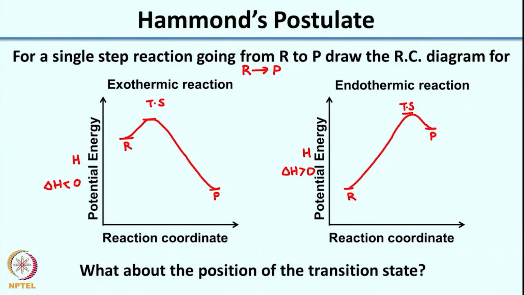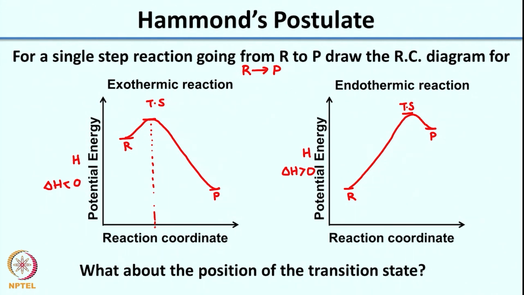Now that I have drawn the transition states, what can you comment about the position of the transition state? So, now we are looking at the x axis. In terms of energy, I had told you transition state is close in energy to R, transition state is close in energy to P. But now I want you to look at each of these graphs and focus on the x axis, and think of where it actually comes on the x axis in both these cases.